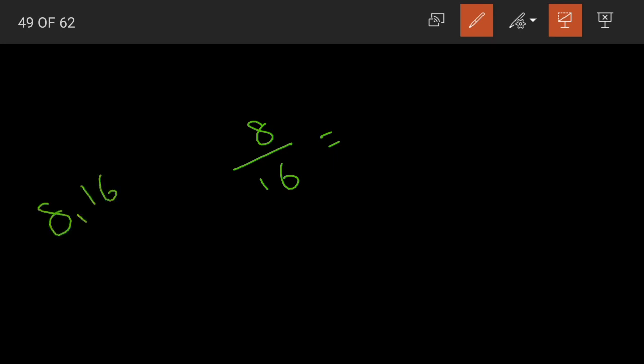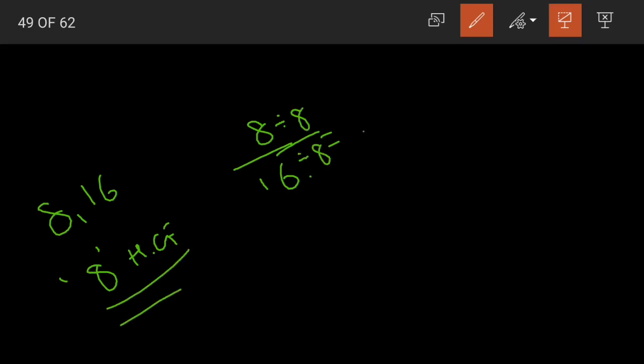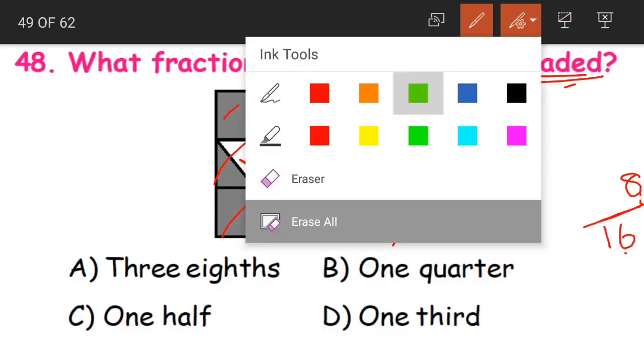Both 8 and 16 have 8 as their highest common factor. So to reduce this fraction to the lowest form, we divide both the numerator and denominator by 8, which is their HCF. 8 divided by 8 is 1, 16 divided by 8 is 2. So 1 by 2 is our answer.